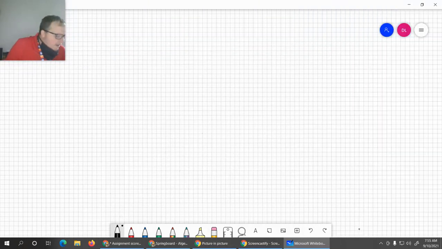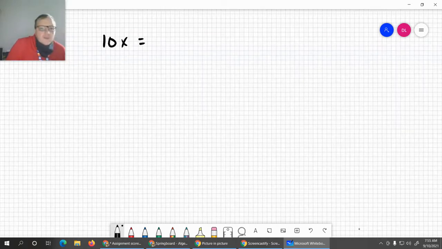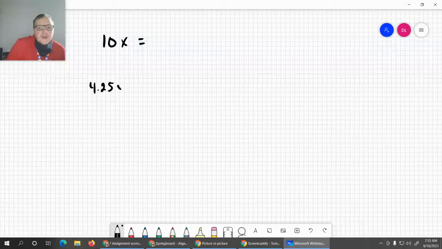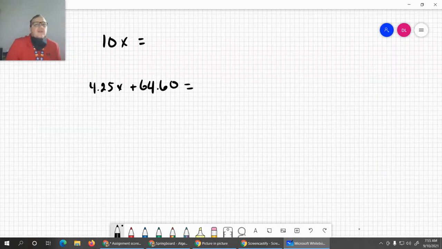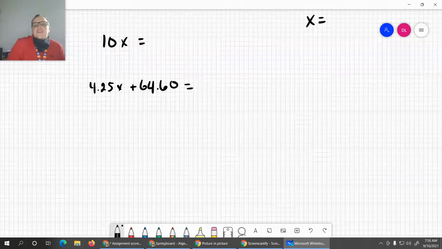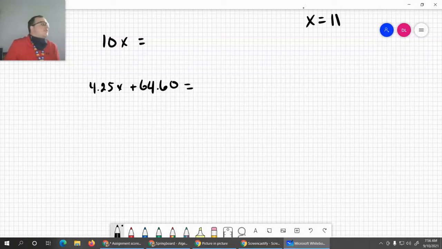We have 10x, right? And then we have 4.25x plus 60, 4.60 equals, okay? All right, and we're going to say x equals, well, what if x equals 11? Those that have their calculator, go ahead and do this second equation for me.